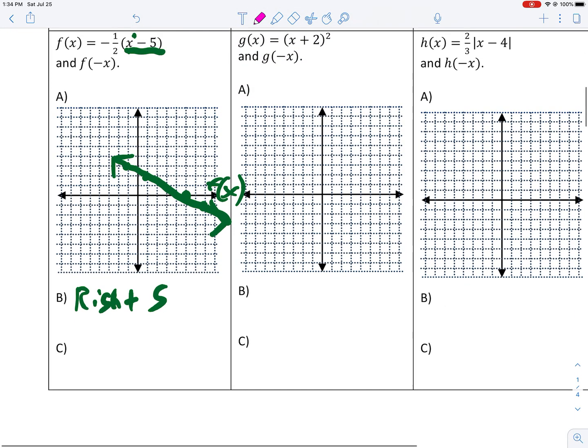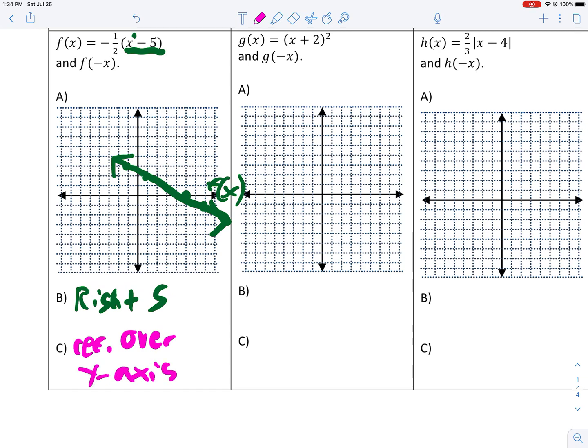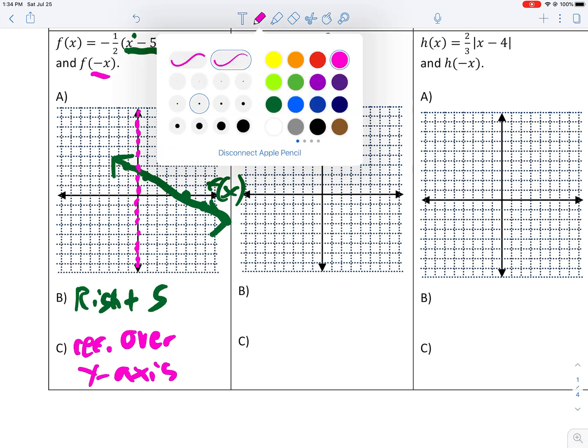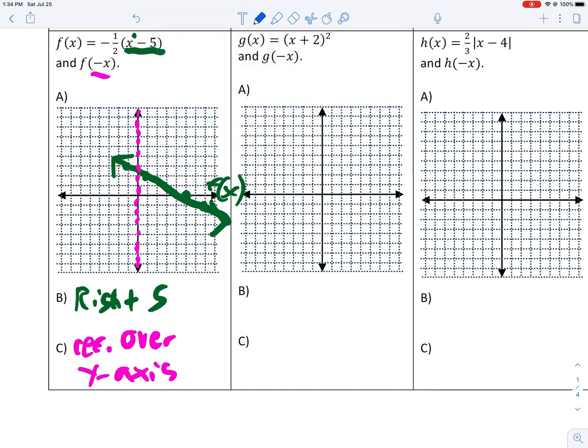And now, f of negative x means we're going to reflect over the y-axis. Because minus x means the x values are changing. So if it's negative, then it's positive. If it's positive, then it's negative. That means you would reflect over the y. So here's your reflection line. We're reflecting over that purple line there.